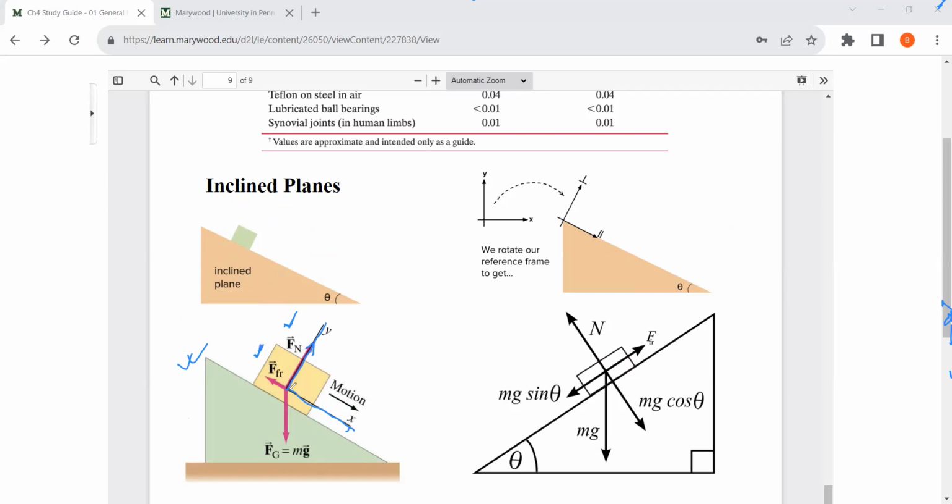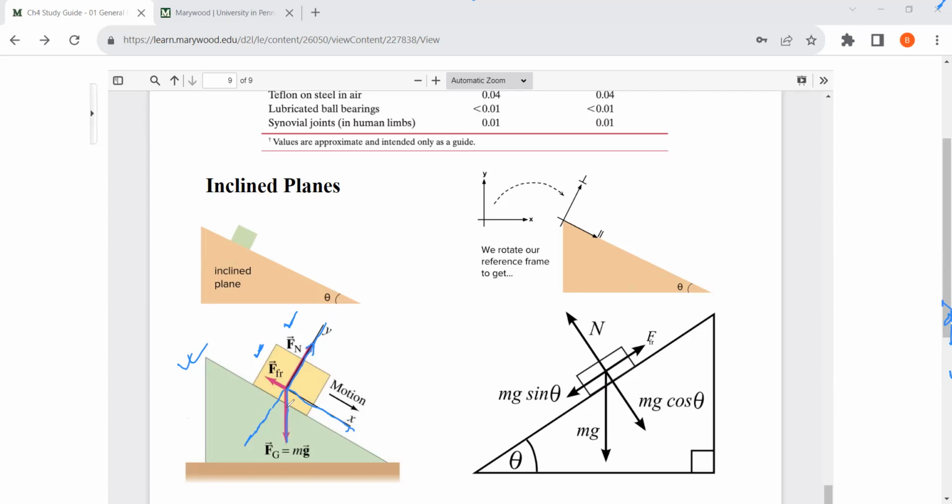The problem is the gravitational force is neither along the x nor along the y-axis. So what we have to do, you already know, right? Because it is neither along the x-axis nor the y-axis, we have to break it into its components.